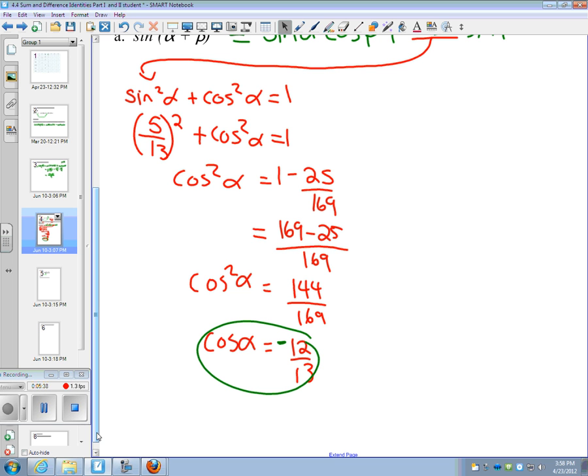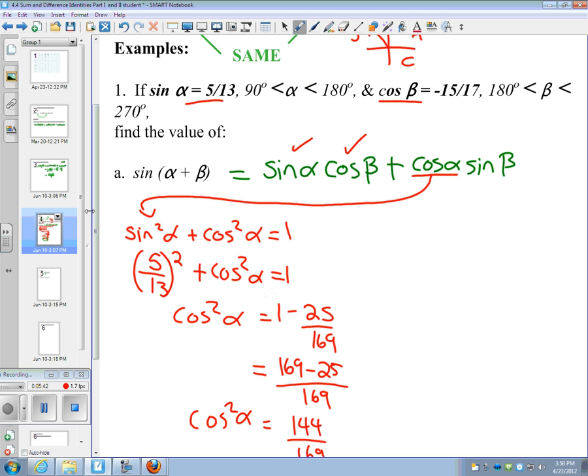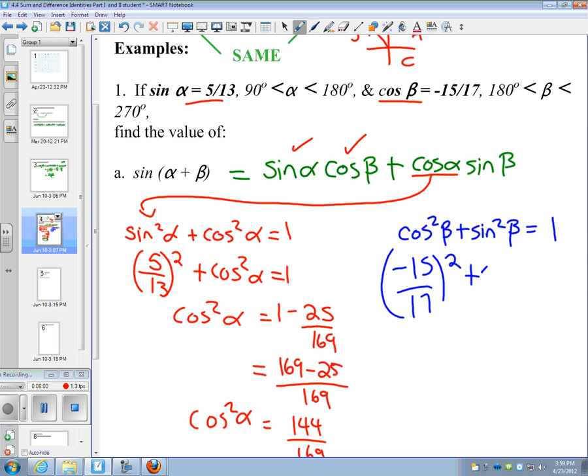We're going to do the same thing with our other unknown. The other thing we don't know is sine beta. But I do know that cos squared beta plus sine squared beta is equal to 1. I do know cos beta. What was cos beta? Negative 15/17, squared, plus sine squared beta is equal to 1. So sine squared beta, I'm going to move this over.